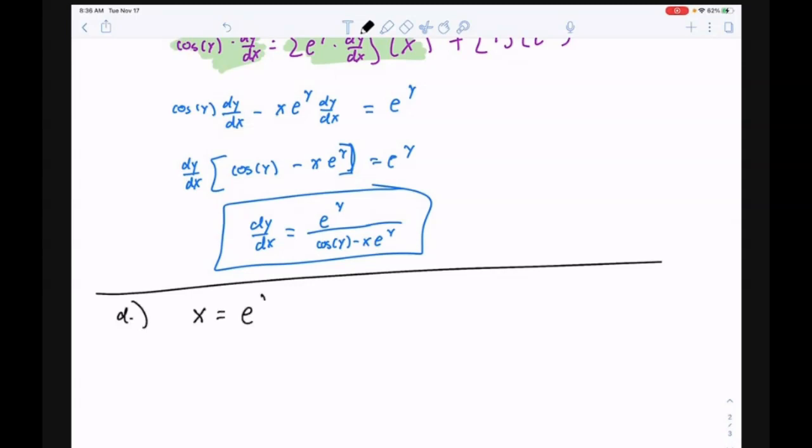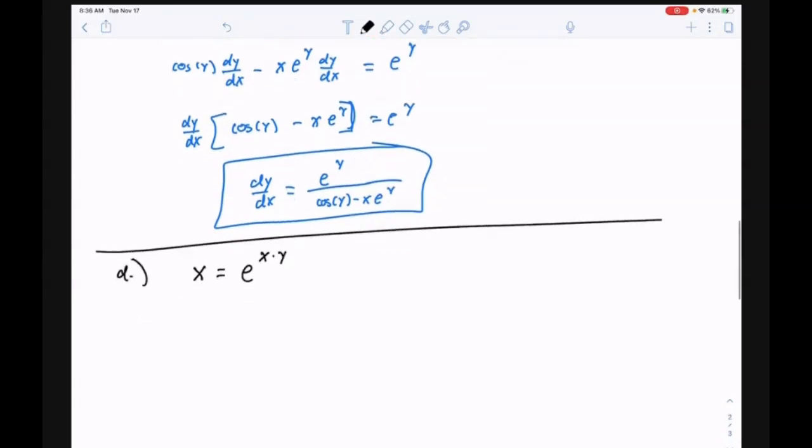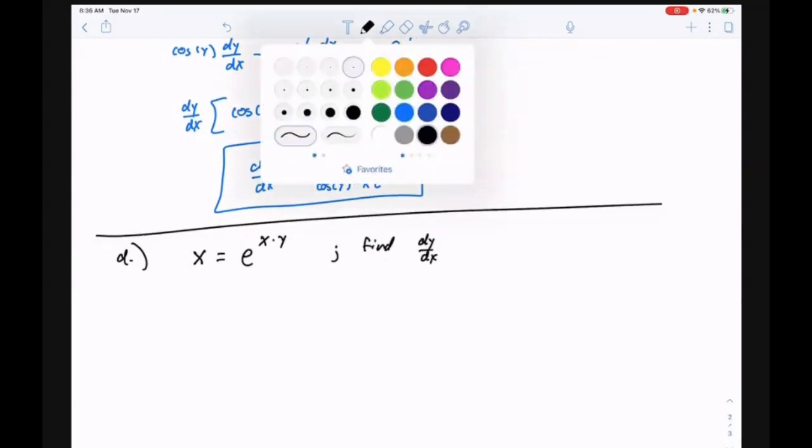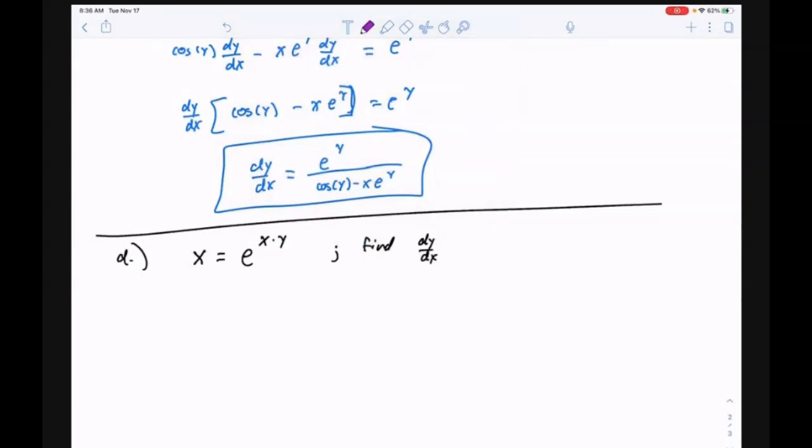x equals e to the x times y. Find dy dx. What do I get?